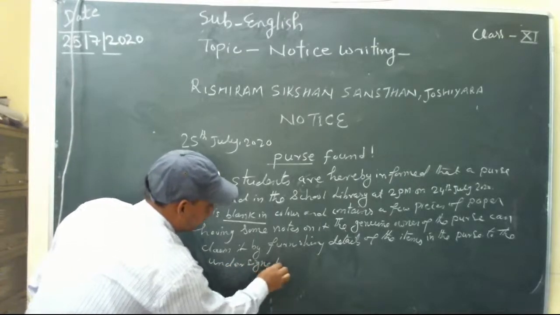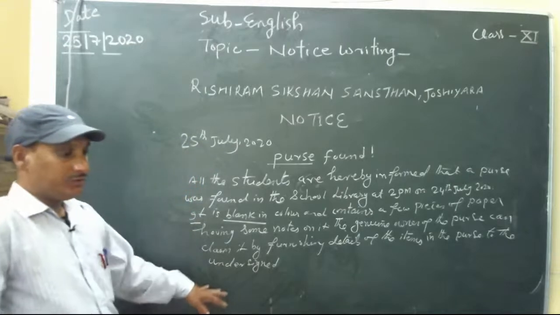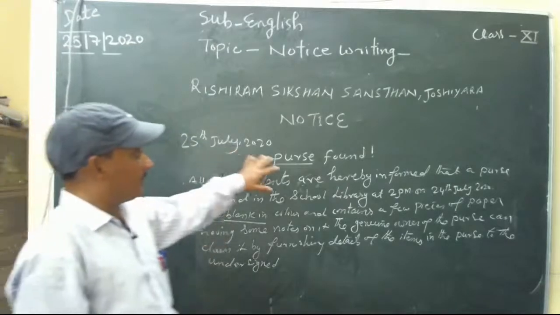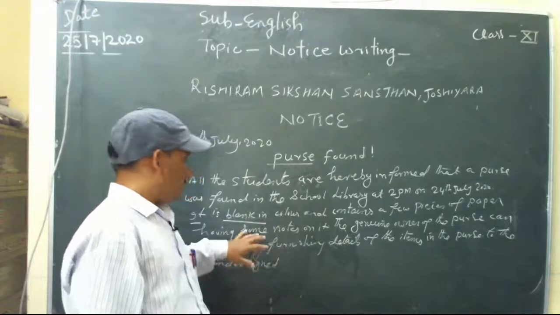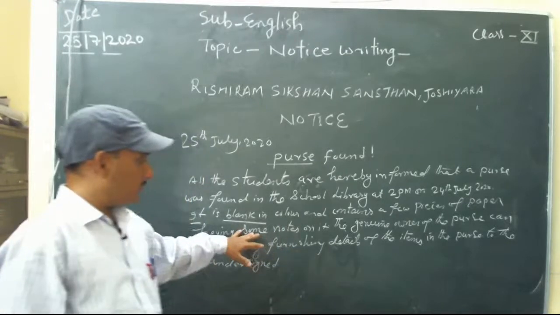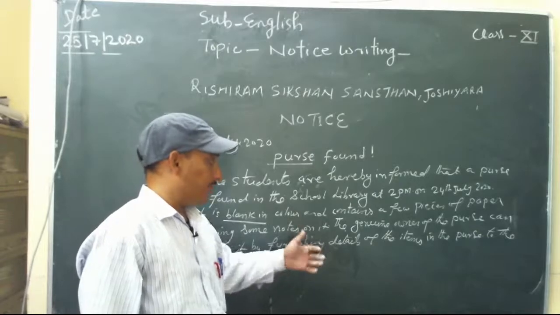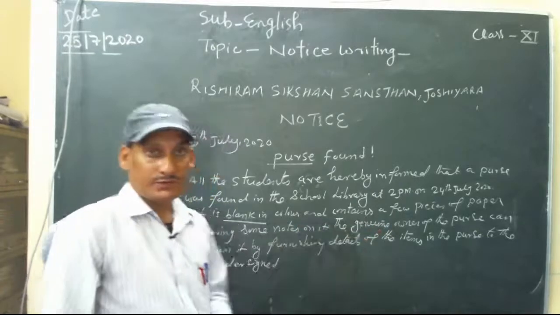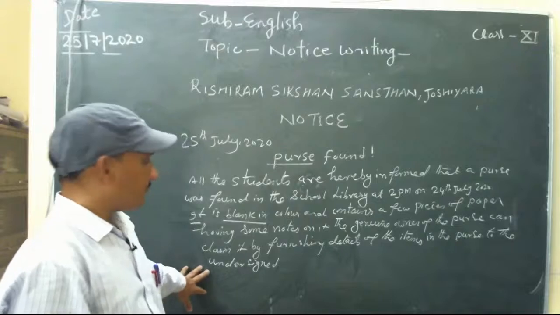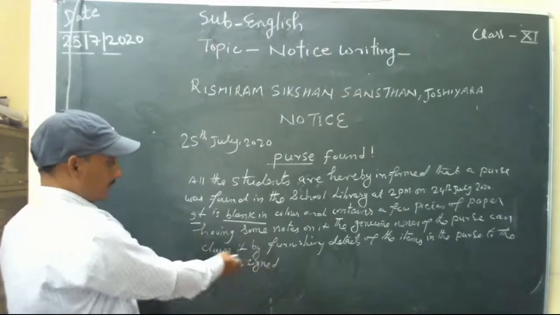So undersigned means here, now we are going to write the name of the person who has found it, and now the real owner, the actual owner of the purse, will have to give details of the items which were inside the purse. So now it is already said.